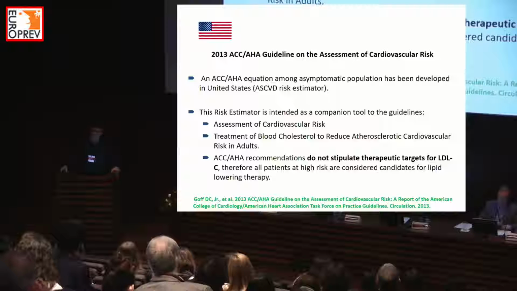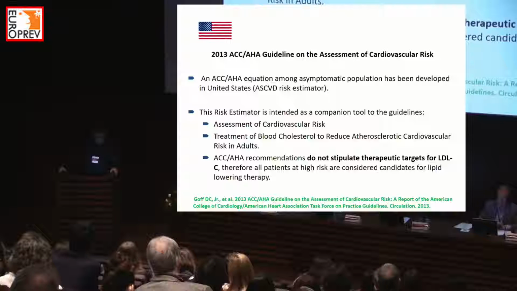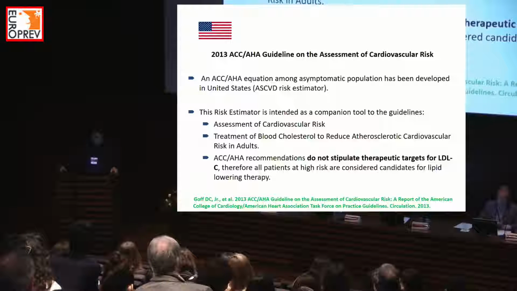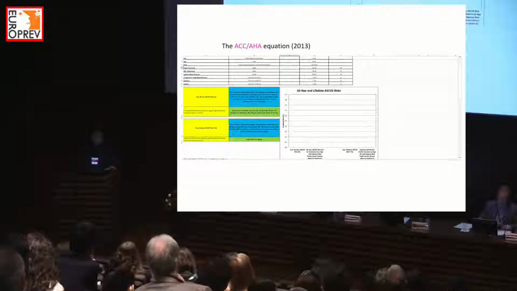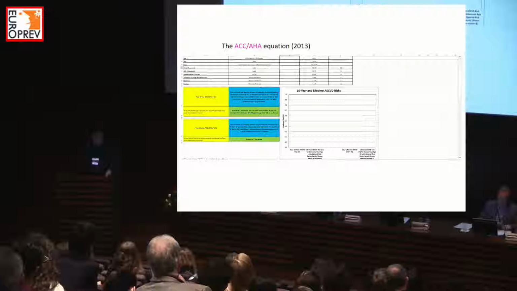And as with the NICE guidelines, the American guideline recommendations do not stipulate therapeutic targets for LDL. Therefore, again, all patients at high risk are considered candidates for lipid-lowering therapy. And this is the website where you can also compute the risk.